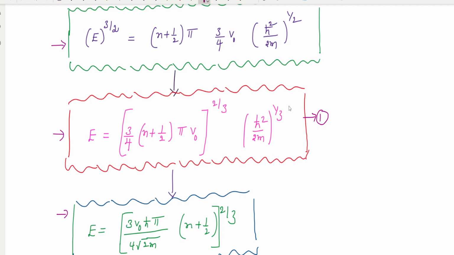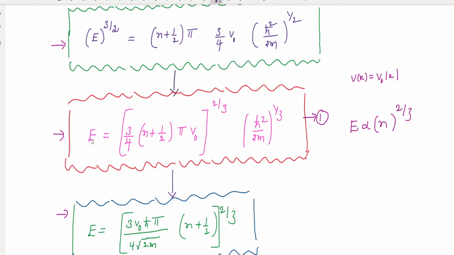Here they are giving the potential energy V naught modulus of x, and I got the answer like this. Observe carefully: energy is proportional to the quantum number n whole power 2 divided by 3.